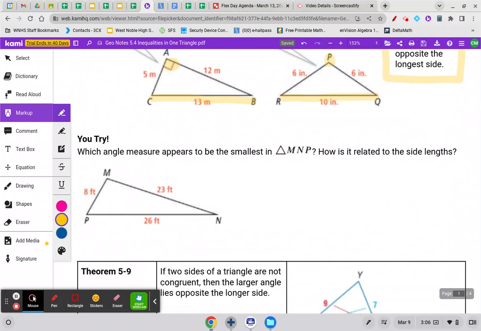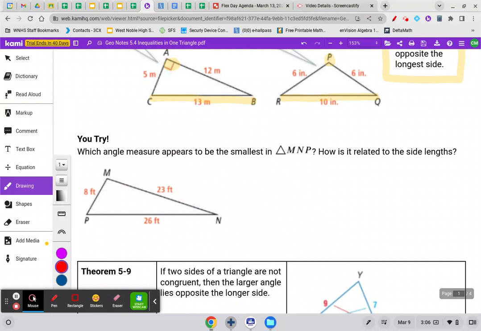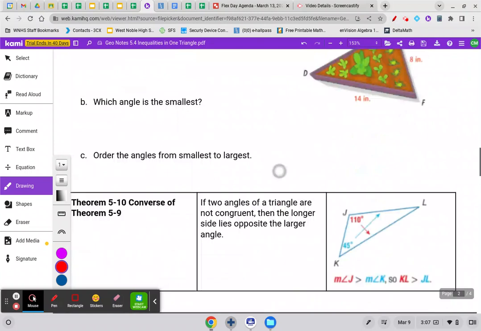So we try. Which angle measure appears to be the smallest in triangle MNP? How is it related to the side lengths? So if the longest side is across from the biggest angle, it would make sense if the smallest angle is across from the smallest side.